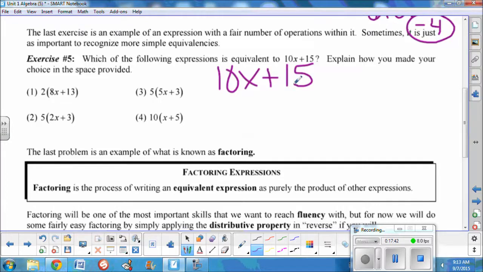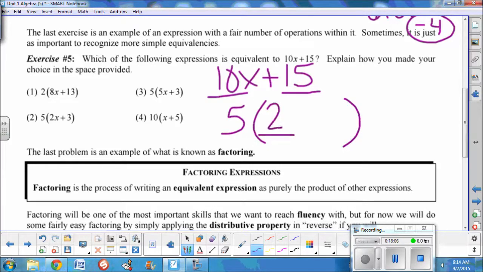15? So I think to myself, okay, what do 10x and 15 share in common? They share a common factor of 5. So that's what could be outside the parentheses. That's one possibility. And then I'd say to myself, if I were to do the distributive property here, 5 times what value is going to give me 10x?